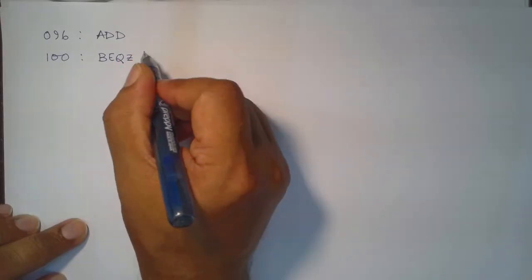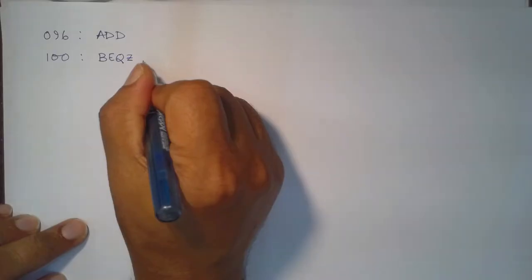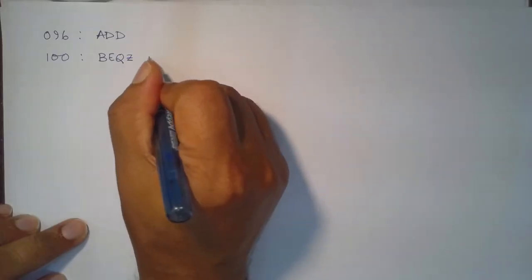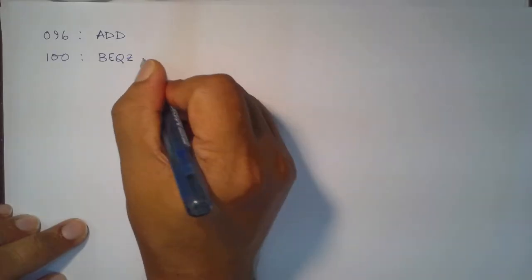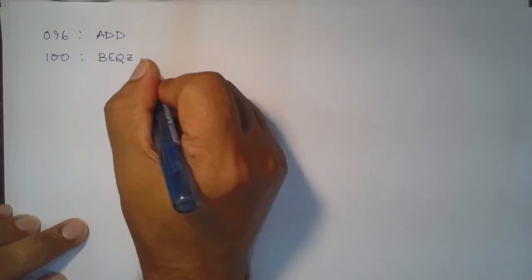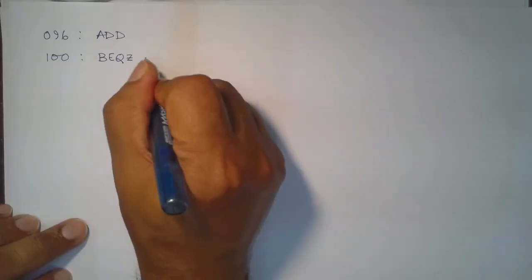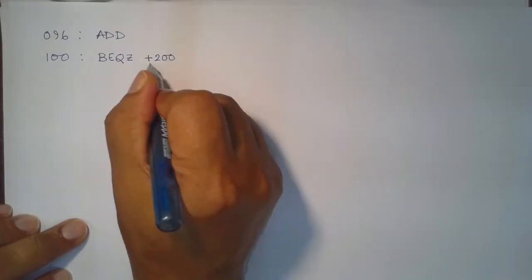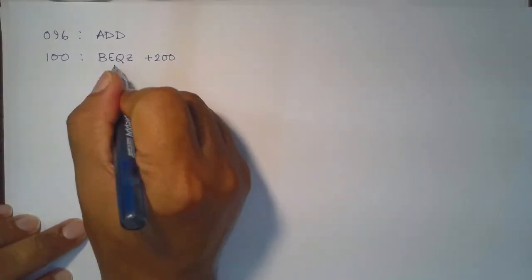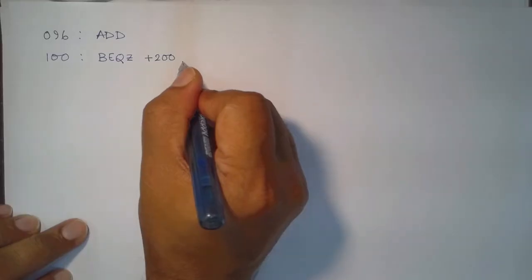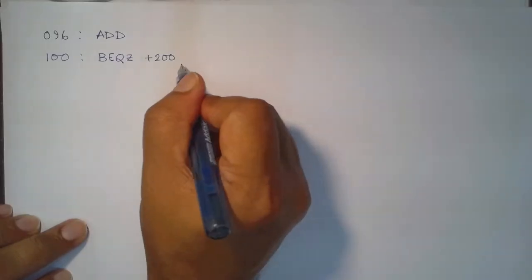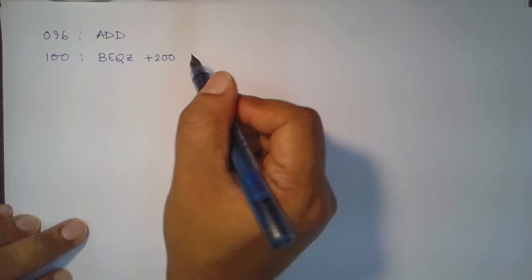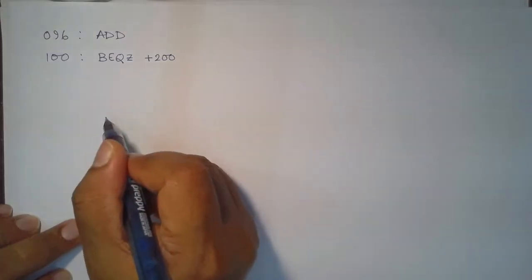So let us say this indicates a label which is offset by 200 units. So let us say I am just writing it down as plus 200. That means the address where it needs to jump to is the next PC plus 200.